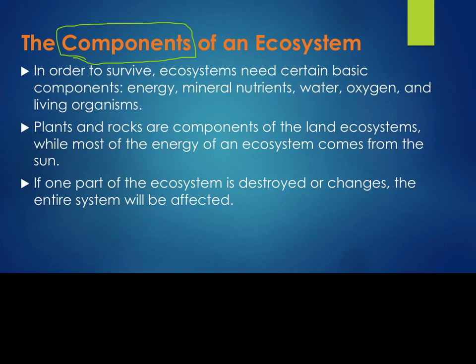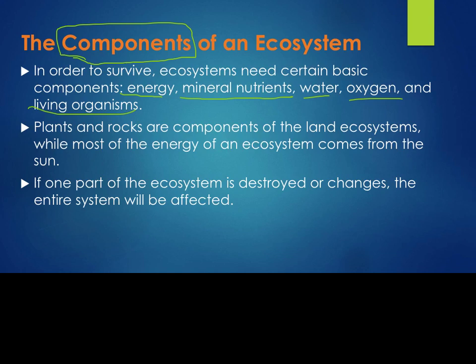A power source is probably important, a sound card, a video card. It depends on what you want to do with this imaginary computer, but you need different components, and ecosystems are the same way. For an ecosystem to survive, you need energy, mineral nutrients, water, oxygen, and living organisms.